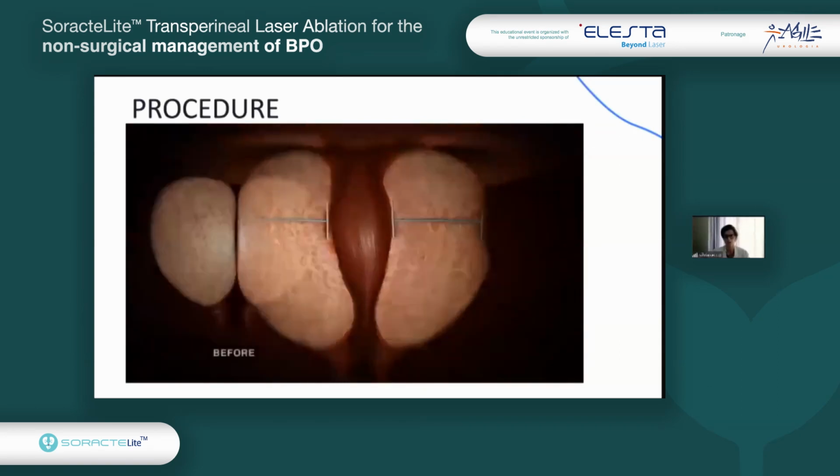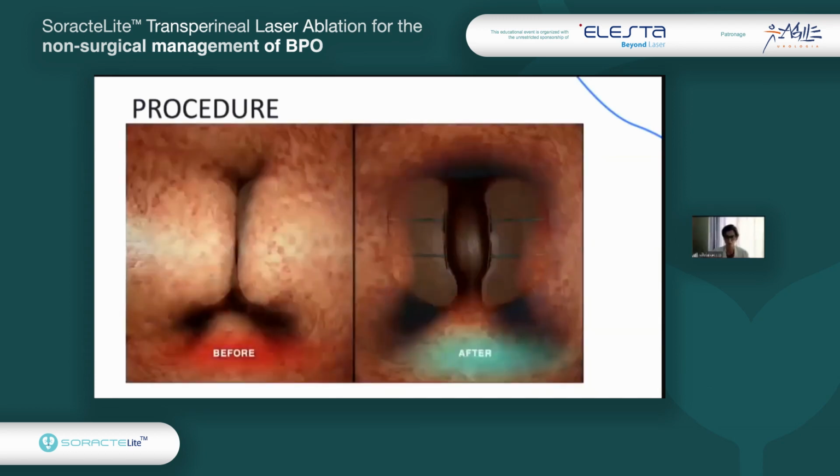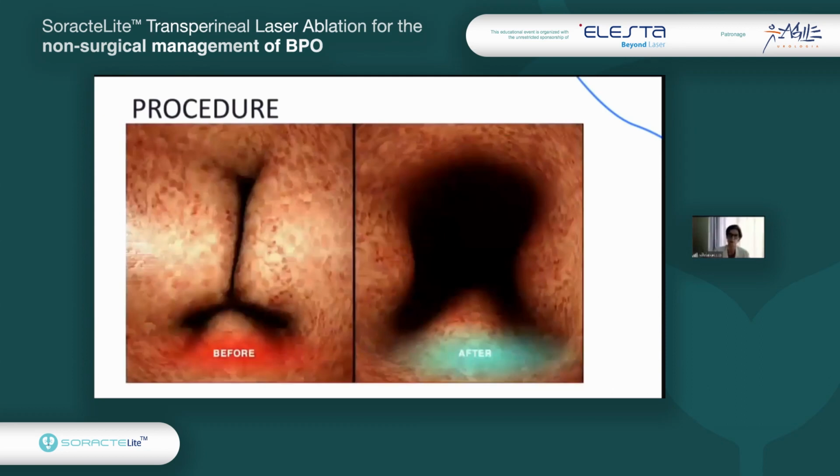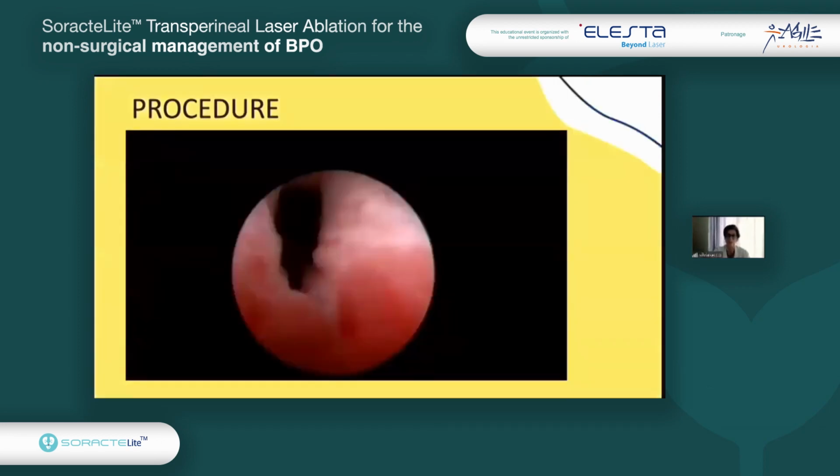The channel that we obtain at the end of the procedure, as shown here, is different from the one we obtain after a classic TURP, that, as we have heard from Professor Bove, is nowadays our main reference for a classical BPH procedure.